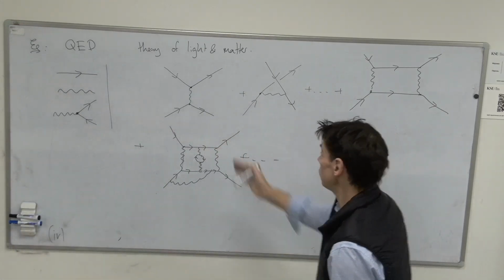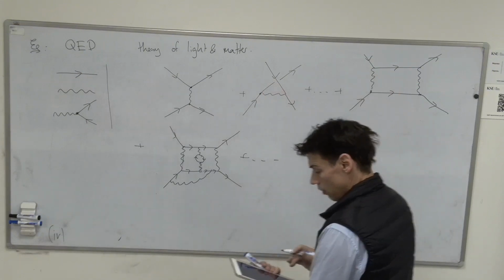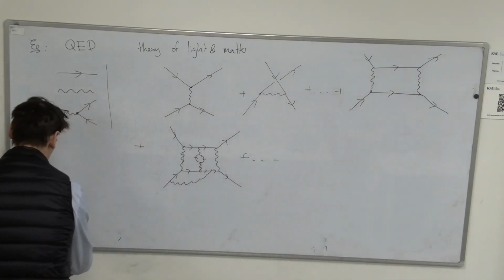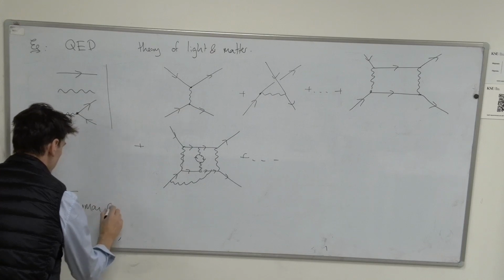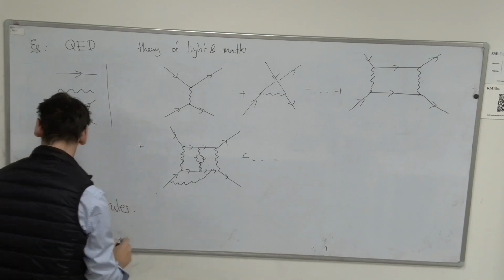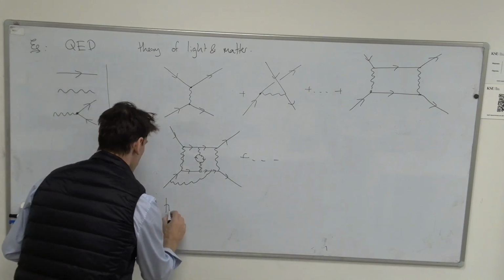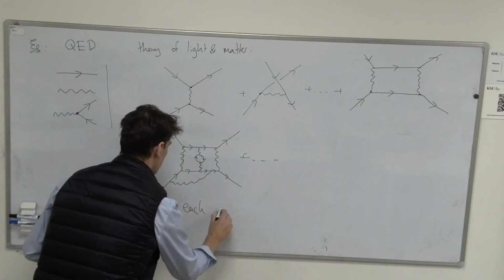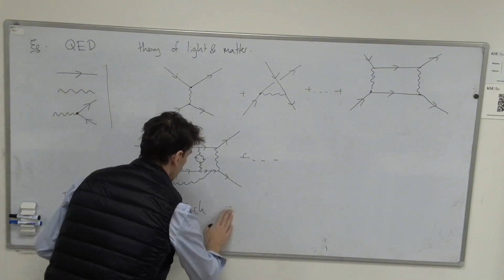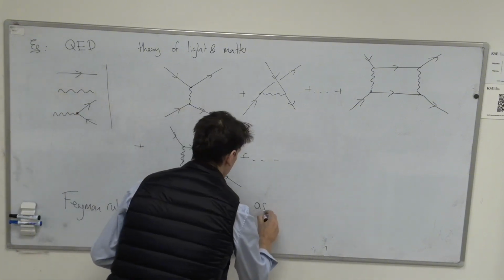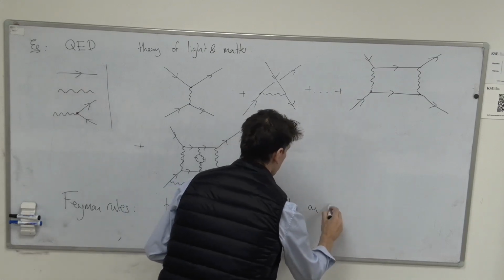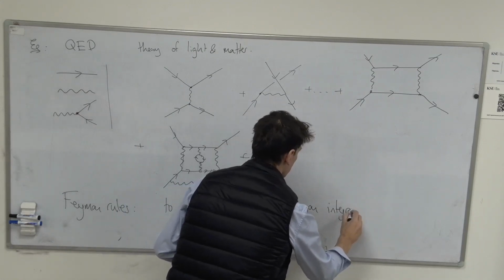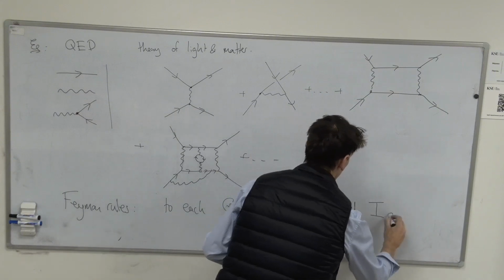And so the rule of the game is that to each of these graphs, you associate an integral. These are called the Feynman rules. To each graph G, associate an integral I_G.